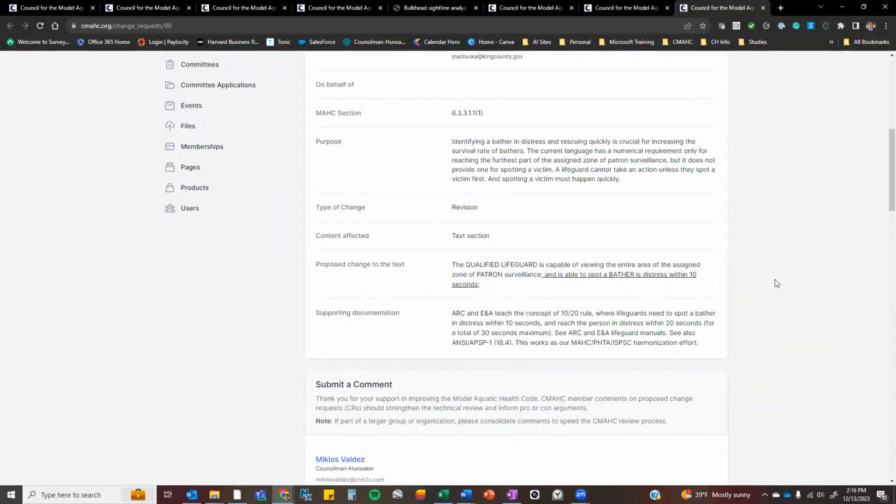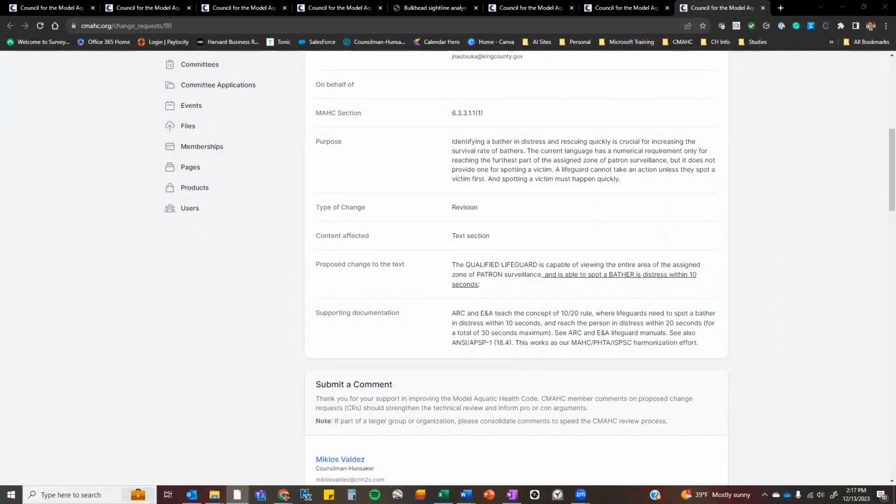The change would be to take the existing language that says a qualified lifeguard is capable of viewing the entire area of the assigned zone of patron surveillance and add to that, and is able to spot a bather in distress within 10 seconds. So that would be the add-on, adding that 10-second recognition component.